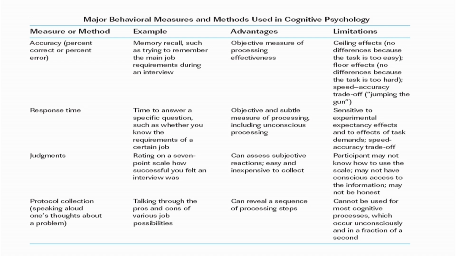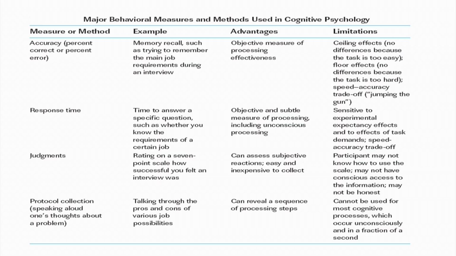The third method is called the judgment method. Here, to find out how the cognitive process really works, people are given a judgment scale, 7-point or 8-point scales, on which they rate how they are processing a particular item. It is very inexpensive to collect, and it assesses the subject's reaction to a particular cognitive process.